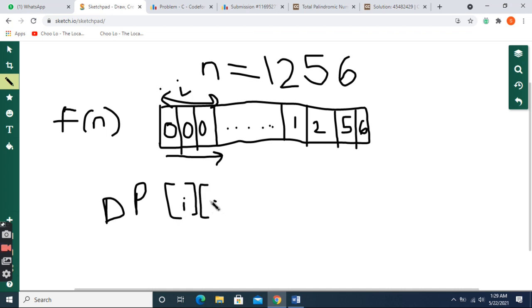And the other state that I will require is C, which is my count of the non-zero digits that I have in the number that I've created till now. I require this because on the basis of this only I will calculate whether my number is valid or not. So these are the two states that I require.